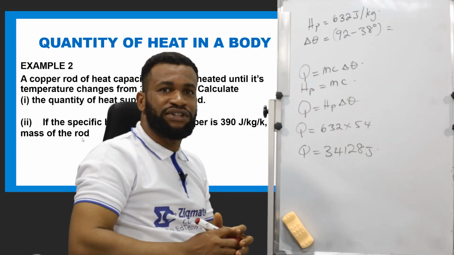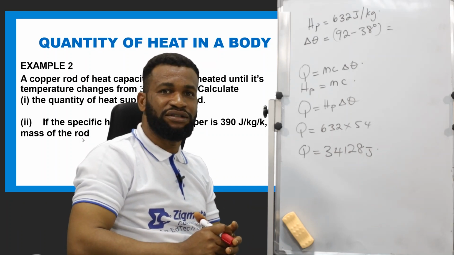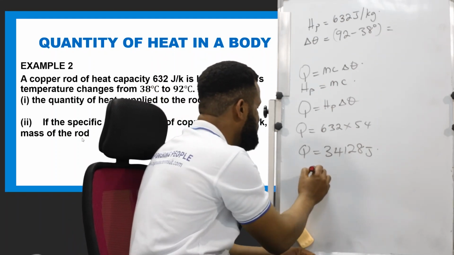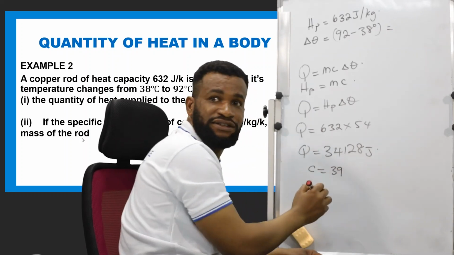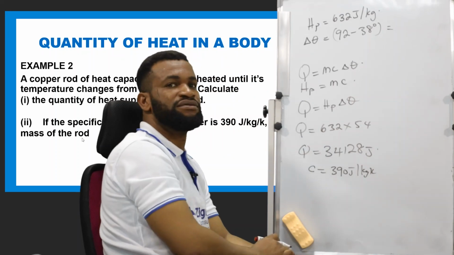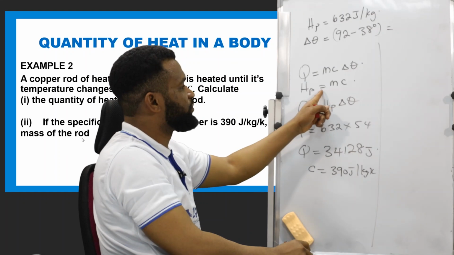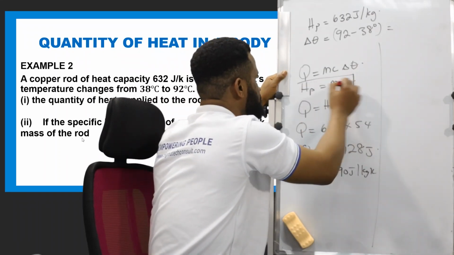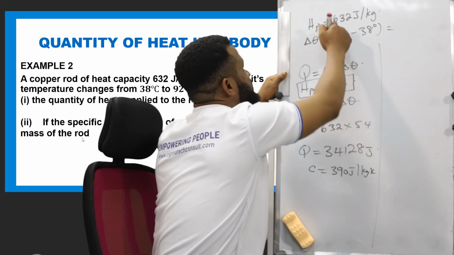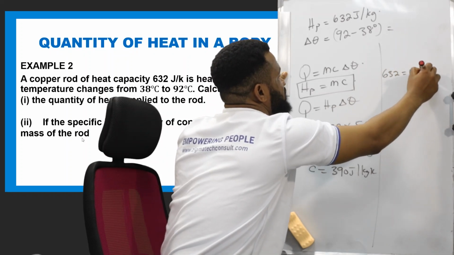Now, the second question says, if the specific heat capacity of copper is 390, find the mass of the rod. So C is 390 joules per kilogram per Kelvin. Now we are looking for the mass of the rod. I can use only this formula to find it, because HP is already given as 632. So having 632 is equal to M times 390.